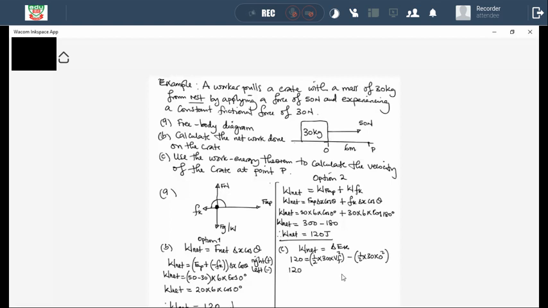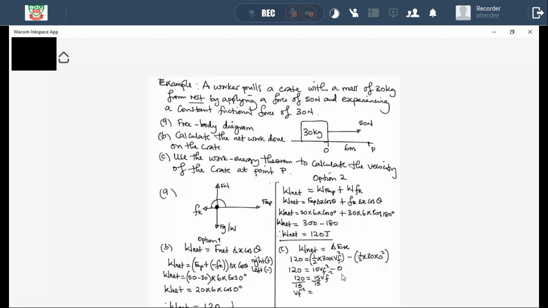So 120 is equal to half of 30, that's 15, VF squared, minus 0. So I'm going to have 120 is equal to 15 VF squared. Divide both sides by 15.